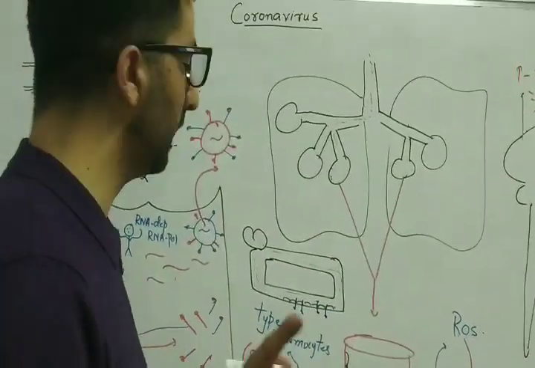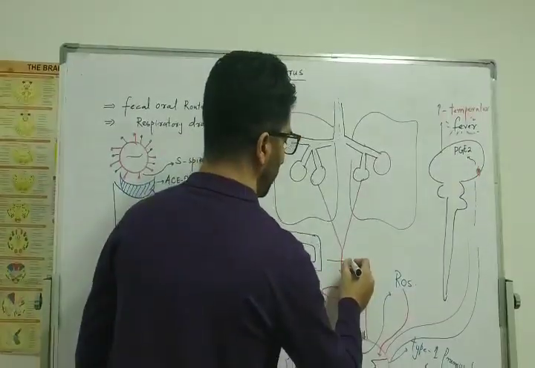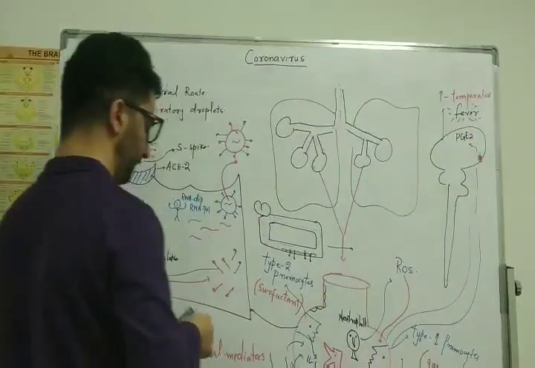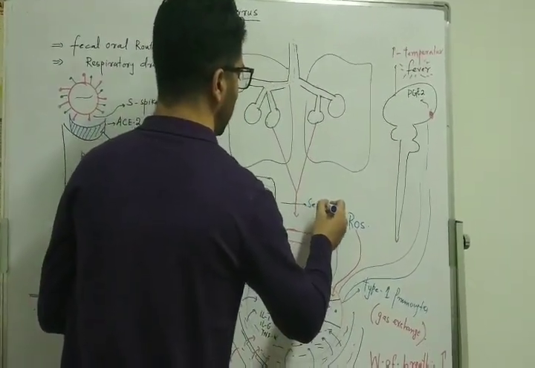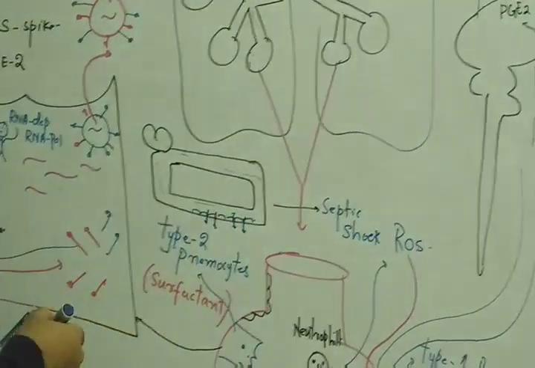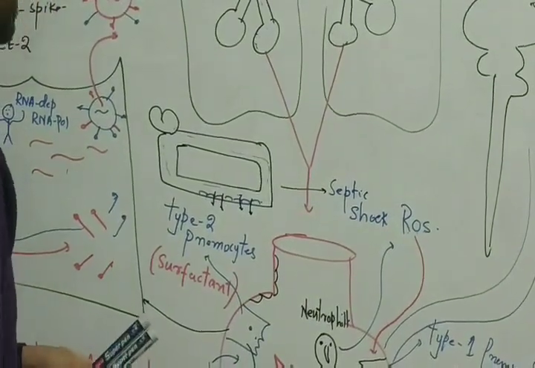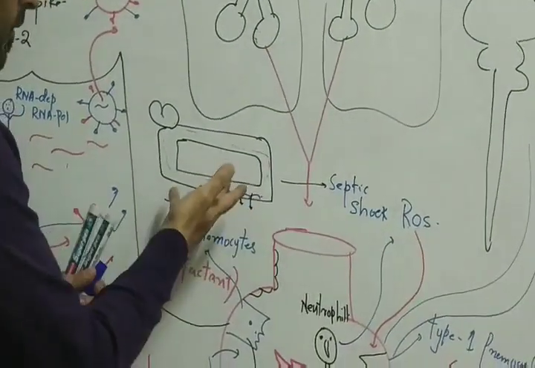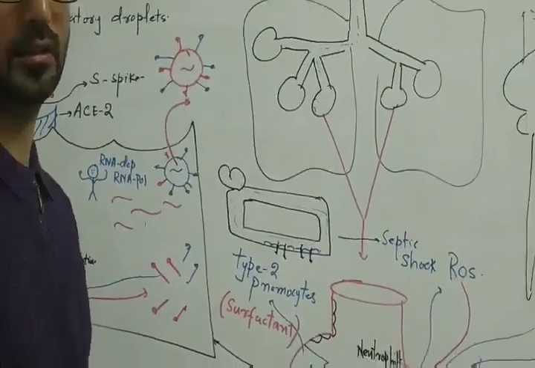What kind of shock does it lead to? That's called septic shock. When blood, or we can say fluid, is oozing, this leads to septic shock, which means there is hypoxemia, that is, no oxygen supply to the tissues, which will lead to ischemia or necrosis.